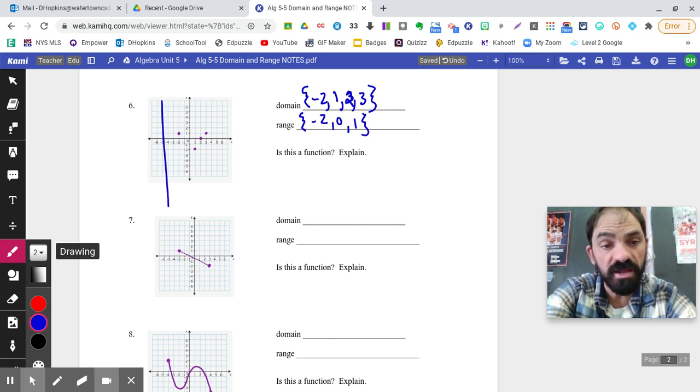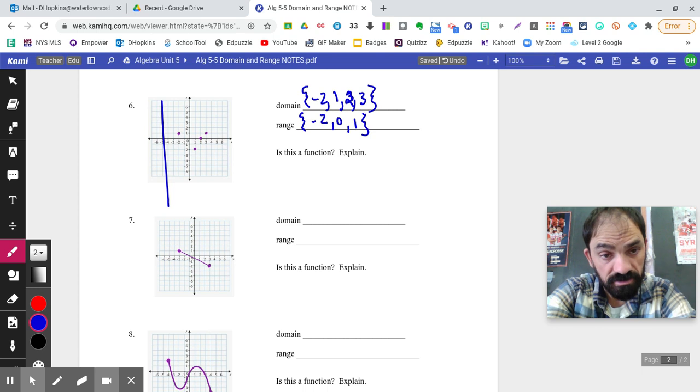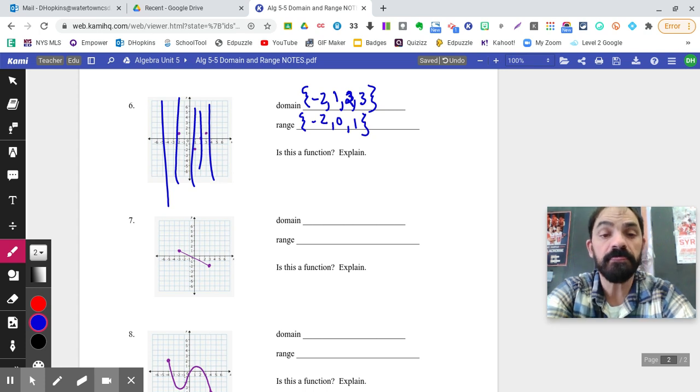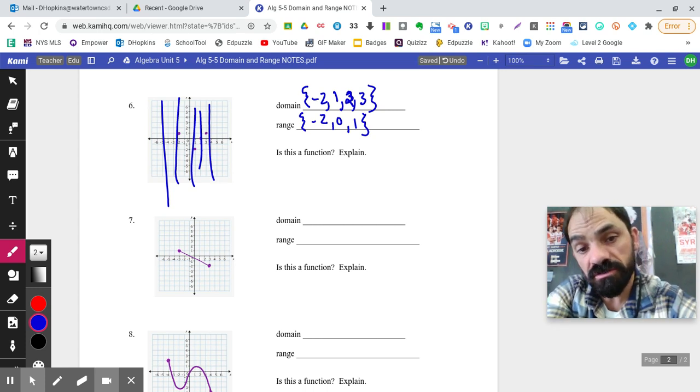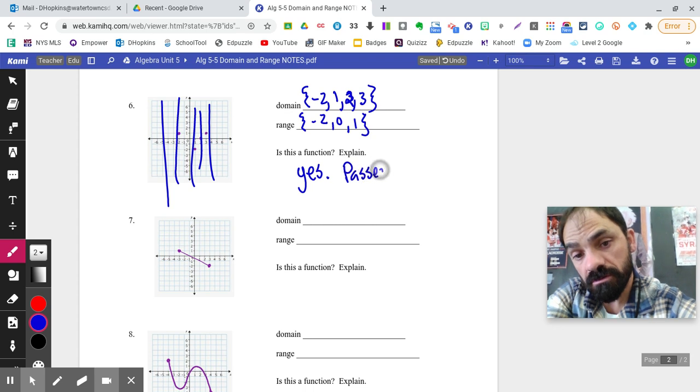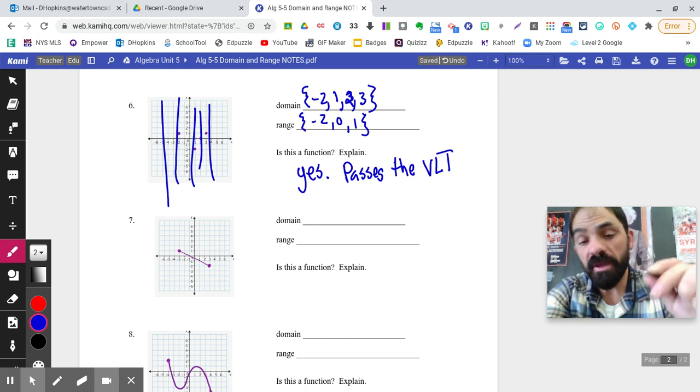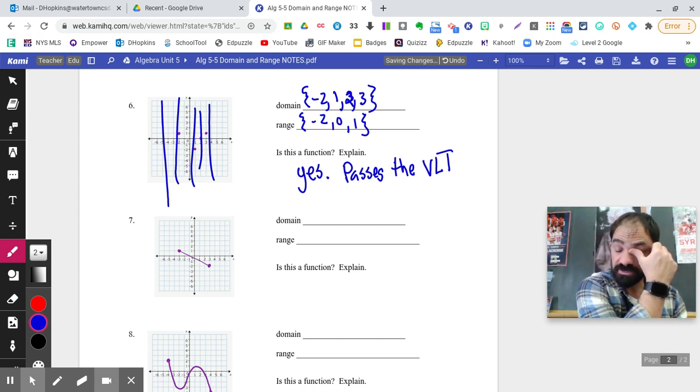If I draw a vertical line, will it only hit it in one spot? And the answer is yes, it's a function, because if I draw a vertical line there, it only hits it in one spot. See that? So it is a function. Passes the vertical line test.